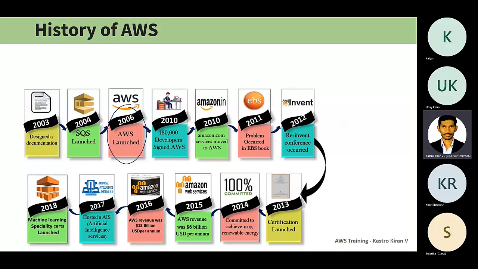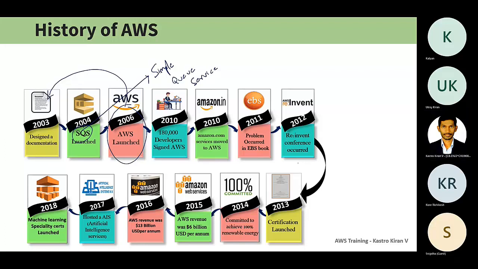But before it actually launched, in 2003 itself, they prepared the documentation work that was required. And after preparing the documents, the very first service launched was SQS, which is called Simple Queue Service. This is the first service launched by AWS.